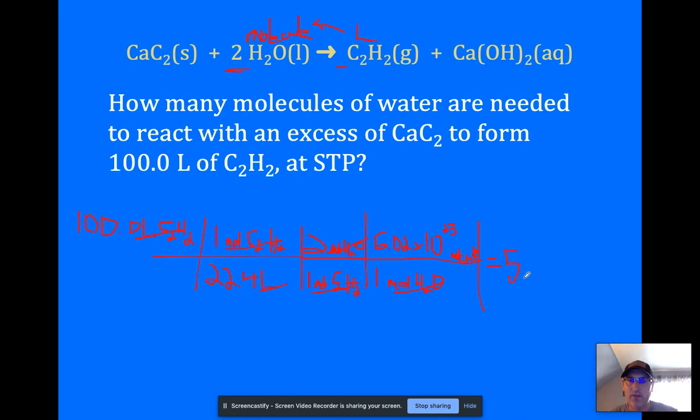We have 4 sig figs here. 5.375 times 10 to the 24th molecules of water.